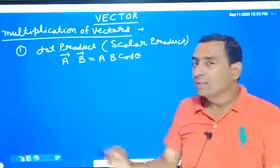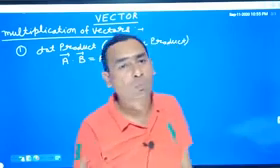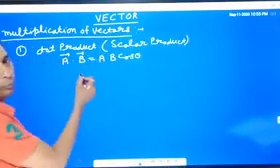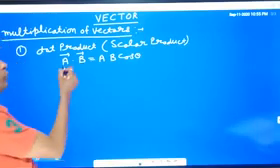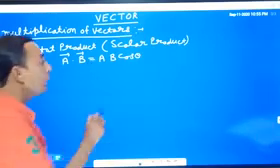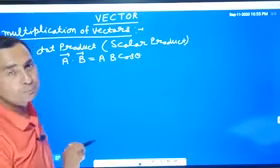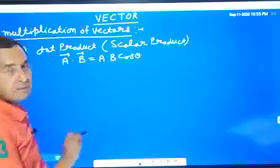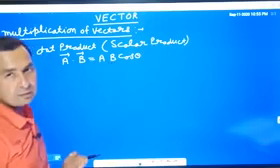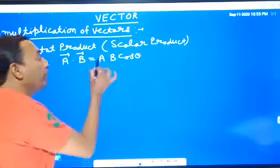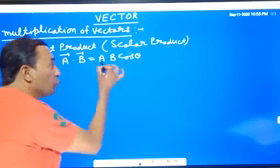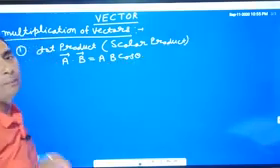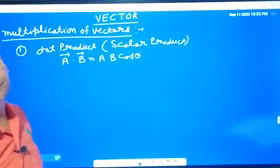Then what is the value of dot product of two vectors? The value of dot product of two vectors is equal to the multiplication of the magnitude of the first vector, a vector, the magnitude of the second vector, b vector, and the cosine of the angle between the vectors.